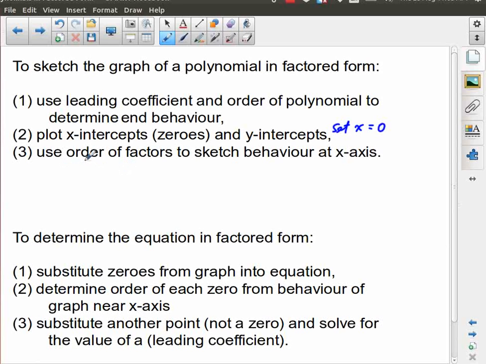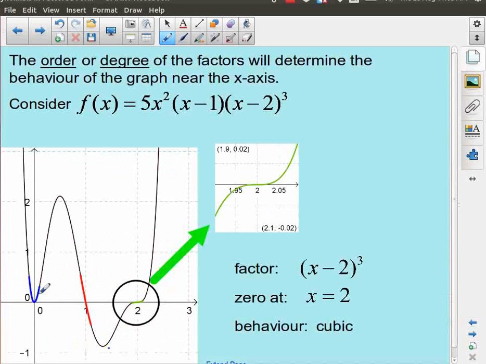And this last thing that I'm adding today, which is the idea of the order of the factors, is going to give you an idea of behavior. What I would recommend when you're doing this, once you've identified your zeros, is to put dots where you have zeros. Then, if you know your end behavior, for example, you need to know your end behavior to know whether this parabola is above the x-axis or below the x-axis.